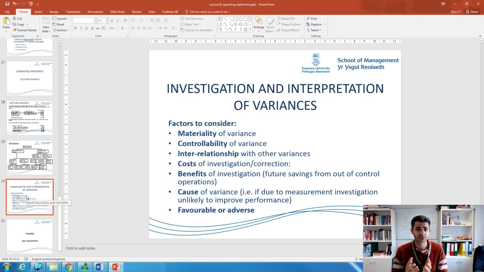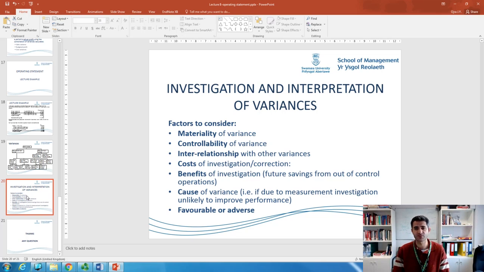If it's a really small number, what's the point of investigating? So we need to look at some factors. For example, whether the variance is material, meaning that it does impact the profit, the cost, and the operations of the business.